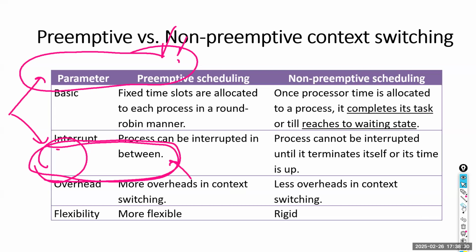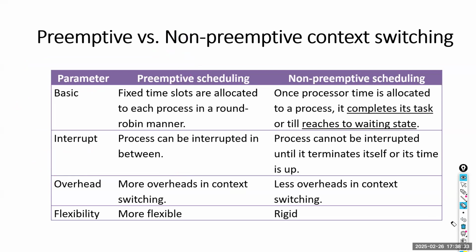Right. So this is another classification. This classification is more important. This is a technical classification. This is not actually the process classification, rather how your OS schedules or runs processes. Right? So there are some OSs which use preemptive context switching.